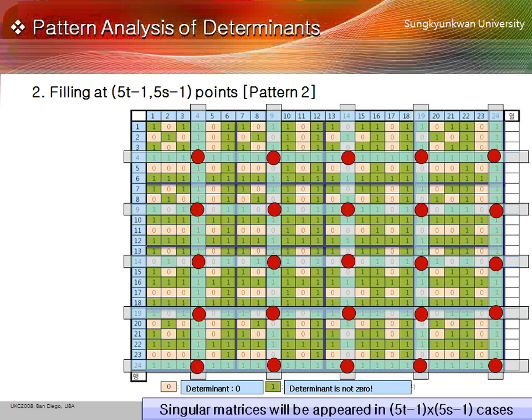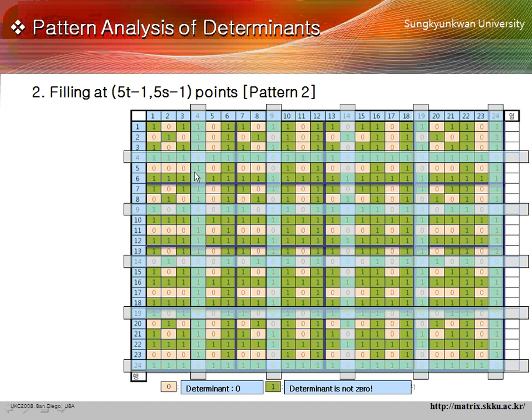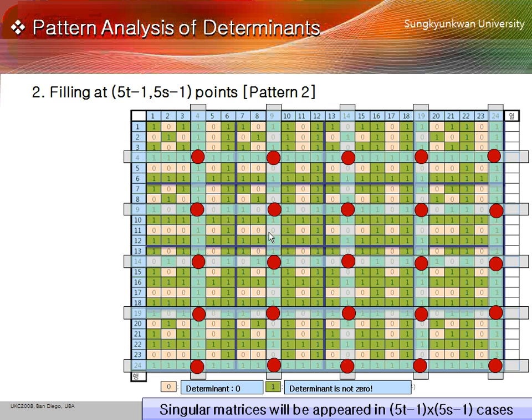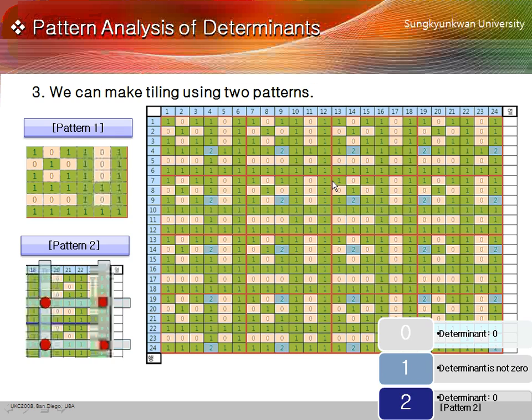That means these are the points where the matrix A is singular. If we mark all of this, then what do you see? We see some patterns. The singular matrix appeared on this first.